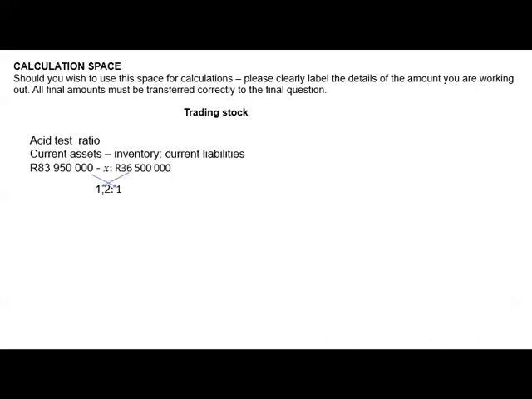And when you take 83,950,000 and you times it by 1, it'll give you 83,950,000 minus X. It remains the same.